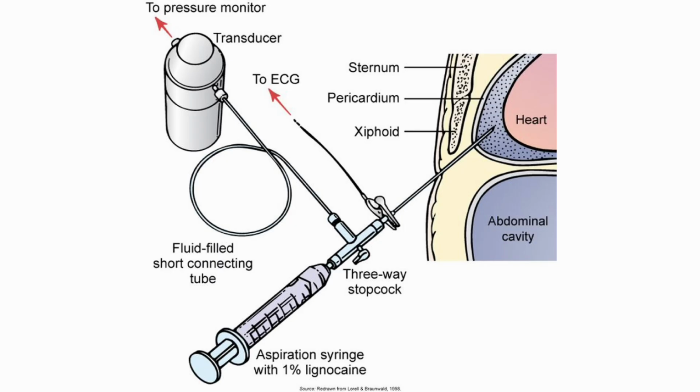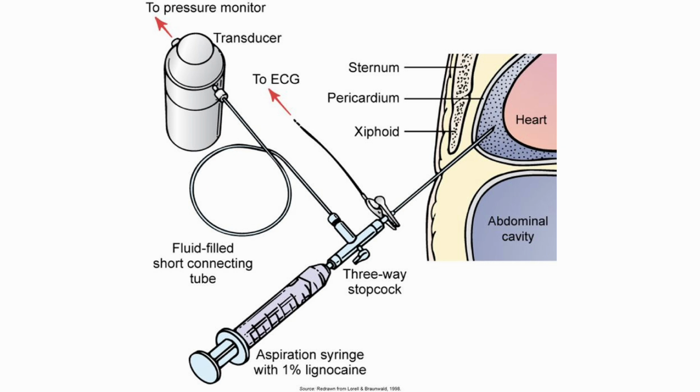And then, this is how I did it. You can use ultrasound guided, but I kind of used the combo. You attach your needle to an EKG, and you slowly introduce the needle.